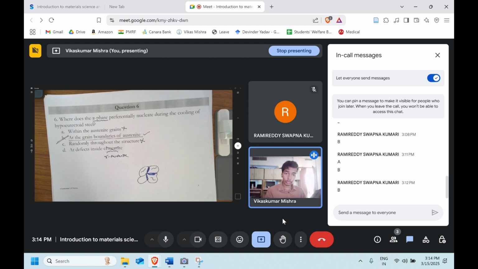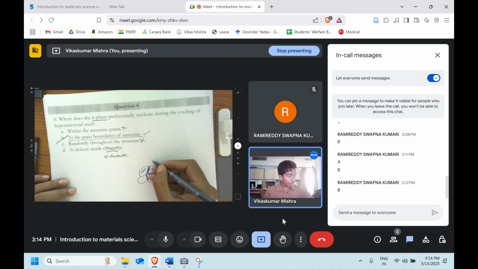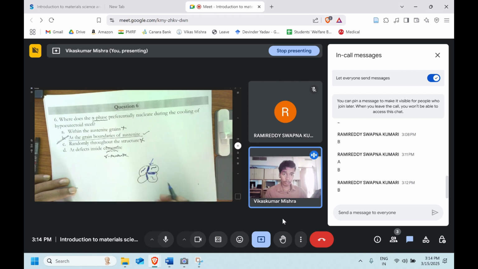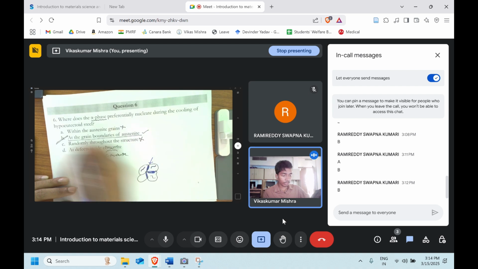Dislocation is also a defect, so it will also add energy. The energy of the system will be enhanced again, so here also the nucleating site will occur and they will nucleate. But the grain boundary will be preferred more. Grain boundary is more distorted compared to one single dislocation. So among these two, we'll prefer this.